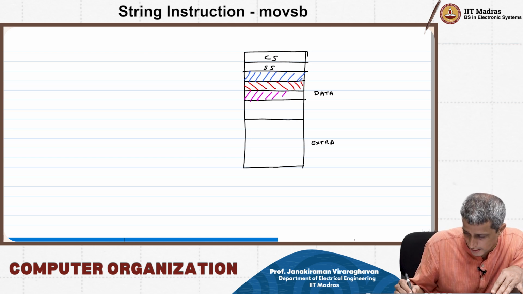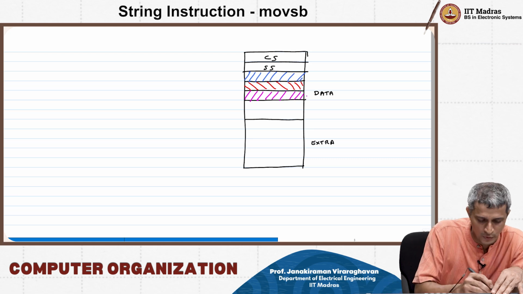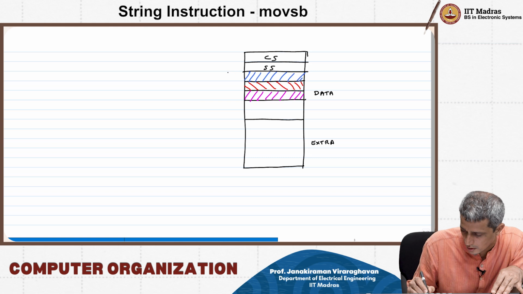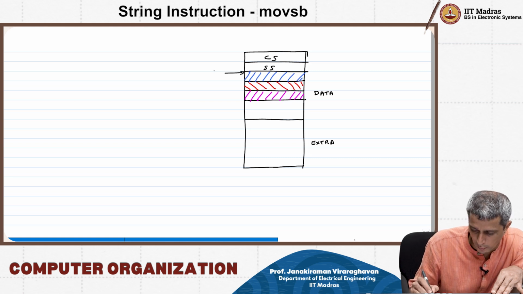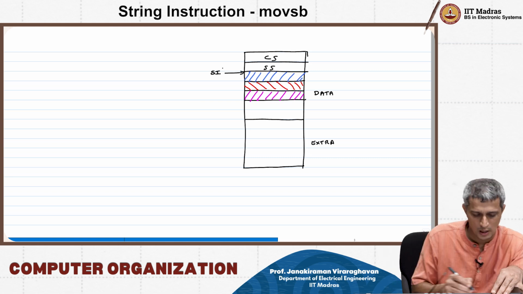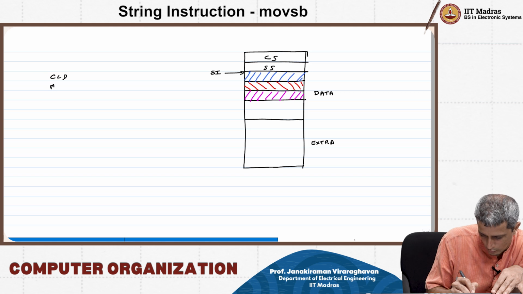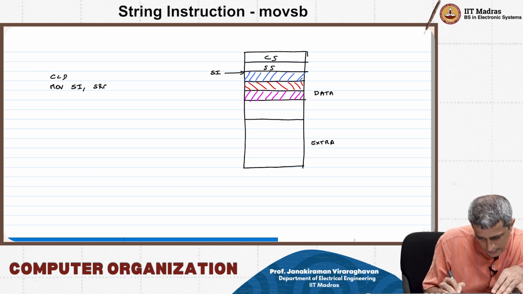This is my data that is sitting in memory, and my source index is going to be made to point to this one, okay? And let us say I have done CLD, then I have moved SI comma SRC underscore offset.